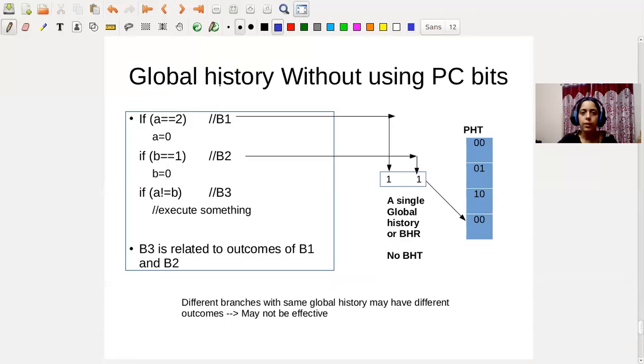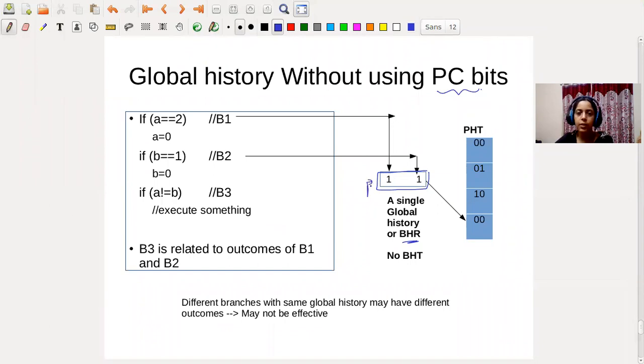Okay, so the way this works is, let us say, for example, we're not going to use any PC bits at all. This is one way of implementing it. We just have one global history buffer, or BHR. Instead of a branch history table, we're just going to have a branch history register.